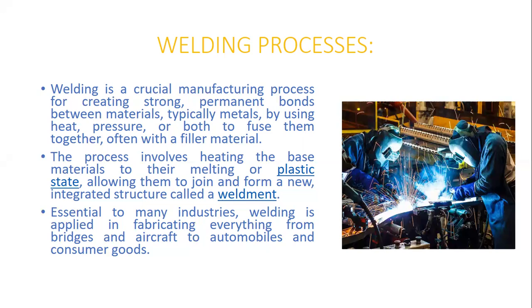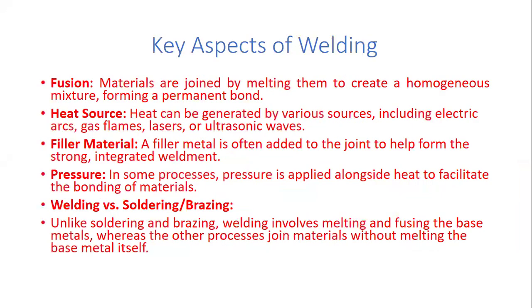This slide gives the background information about how important the welding operation is in manufacturing units. What are the various key inputs to the welding process? The first ones are fusion, heat source, filler material, and pressure, followed by a comparison between welding and other metal joining processes.